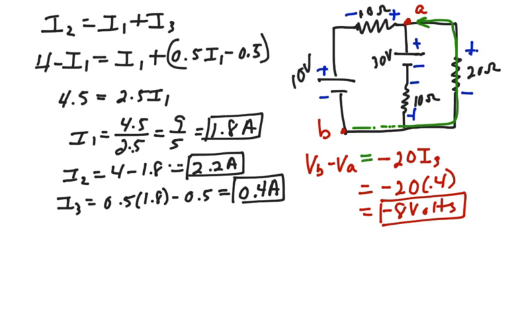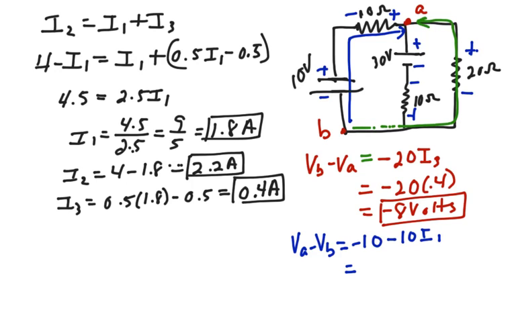If I tried a different direction, let's just try what would happen if I say went this way. Then VA minus VB would be equal to a negative 10 minus 10 I1 and that would be, I'm sorry, I got this battery confused.